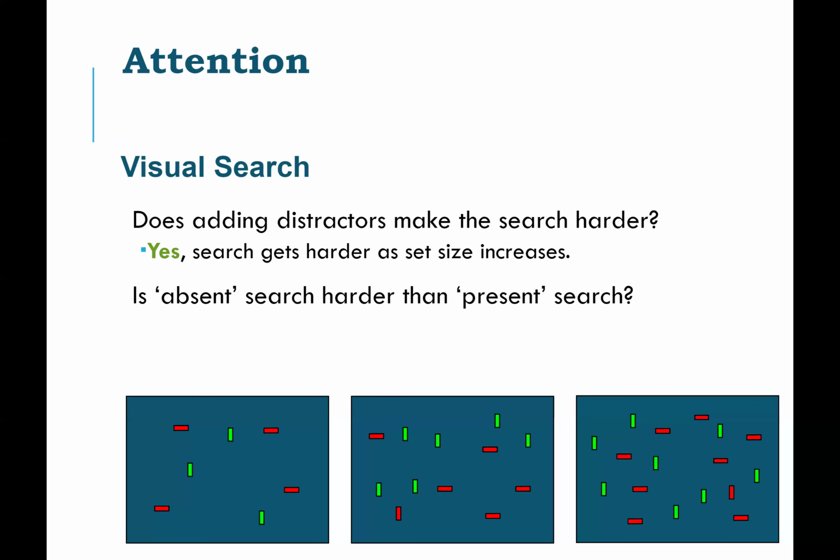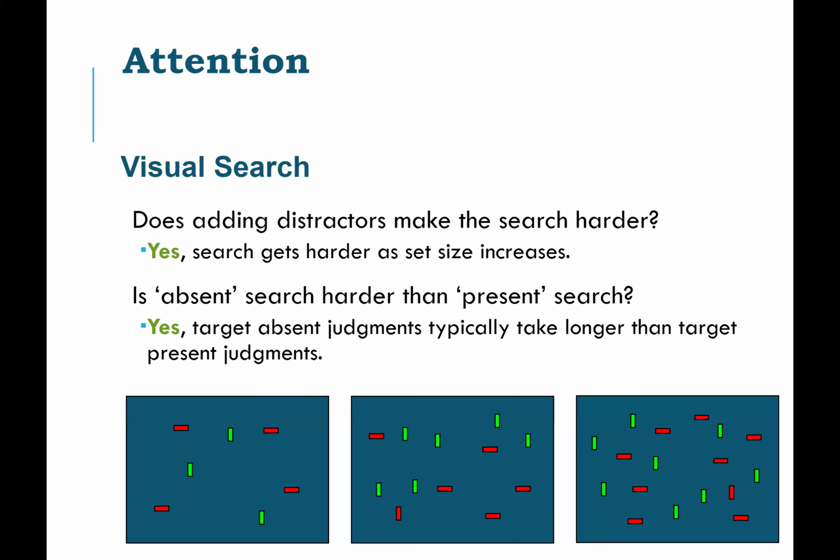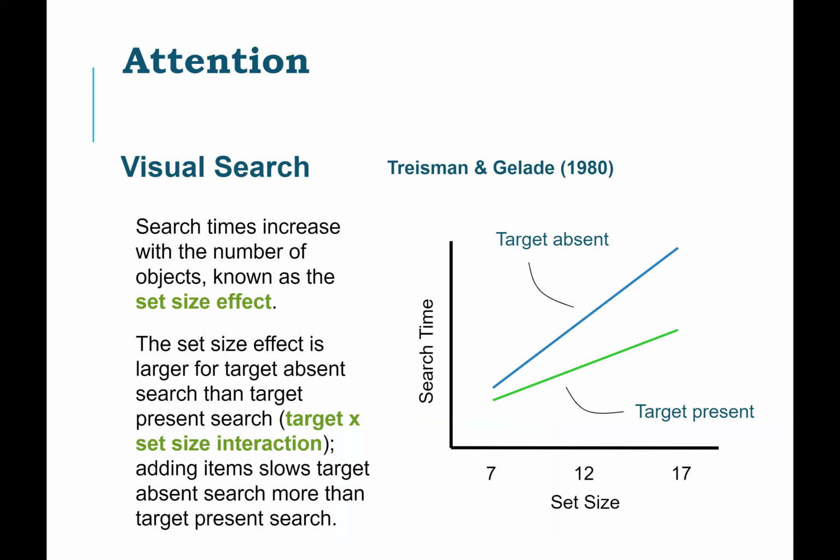Do you think the absent was harder than the present? Do you think it took longer? Yes. Target absent judgment typically takes longer than target present judgment. Now, when you look at the search time as a function of set size, you see a slope: as you have more objects, the search time gets longer for the target present case and for the target absent case.